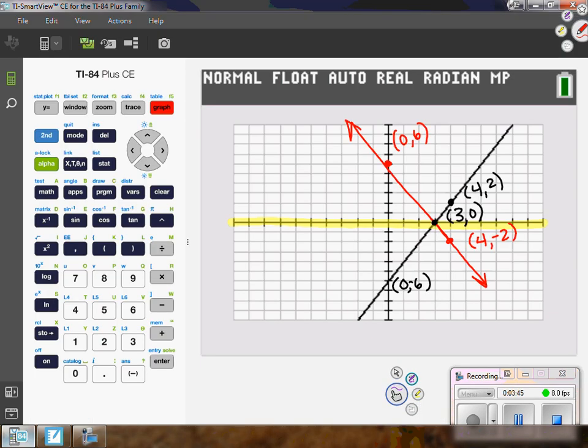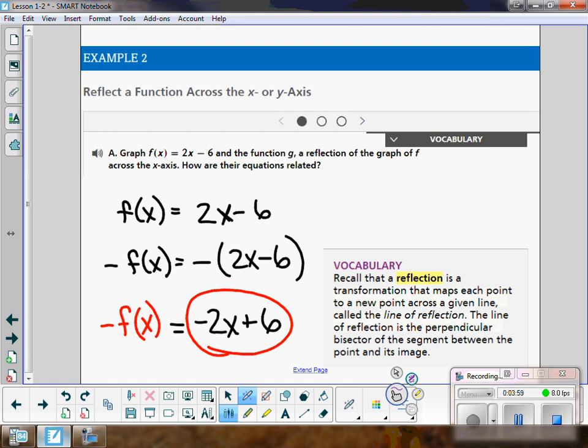Is this the graph of negative 2x plus 6? I think so. It's got a y-intercept of positive 6, a slope of down 2, right 1. This looks good. We have our answer. So again, to reflect it over the x-axis, we put the negative sign out in front of everything.